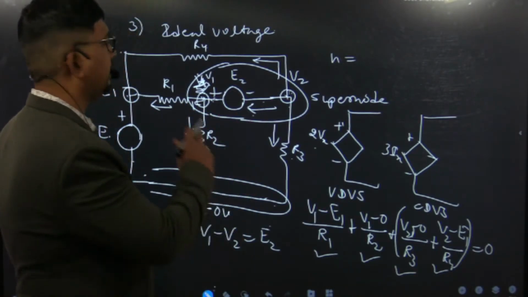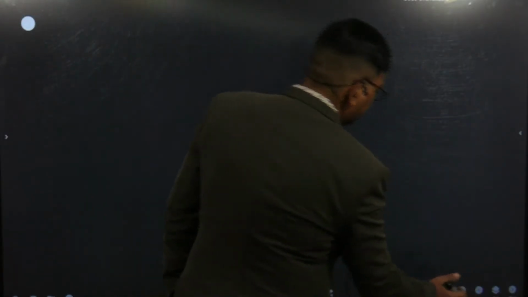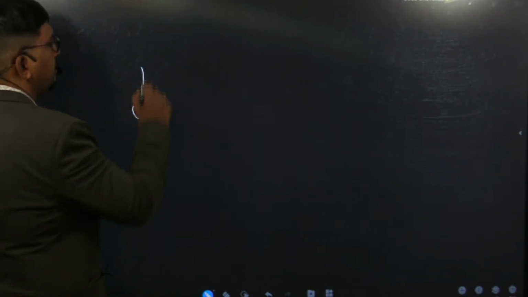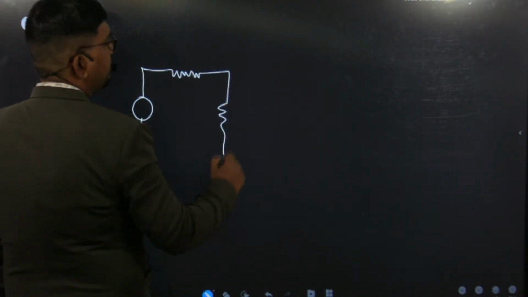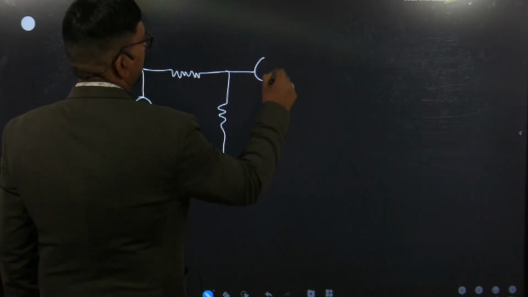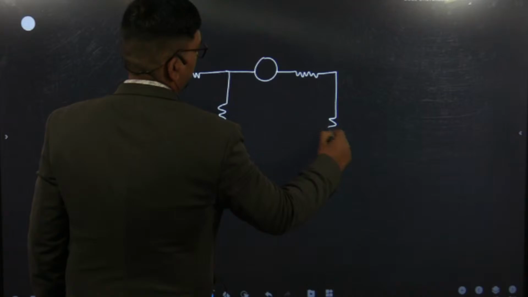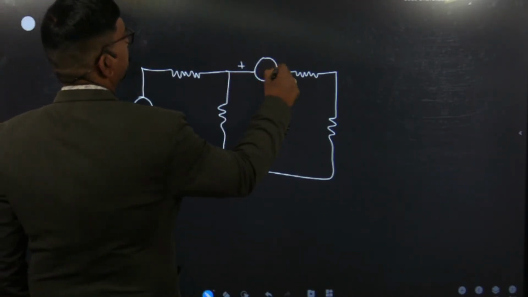Now this is our case number 3. Now what will happen in case number 4? In case number 4, we assume the same case number 3 circuit, but it is not a super node. When it is not a super node, it means this E2 is not ideal.